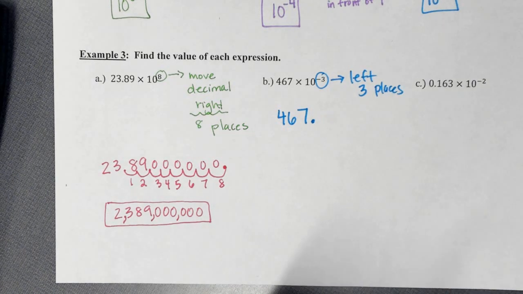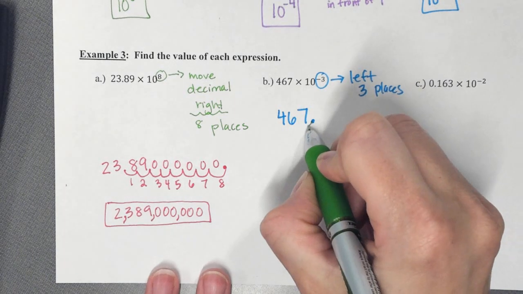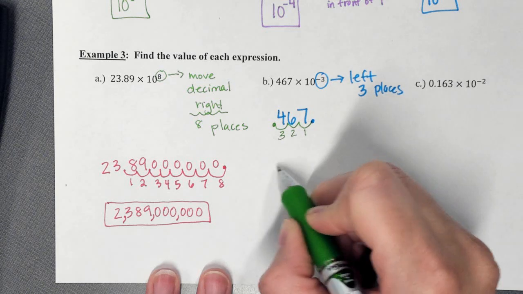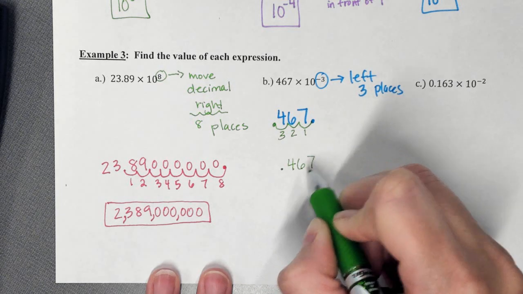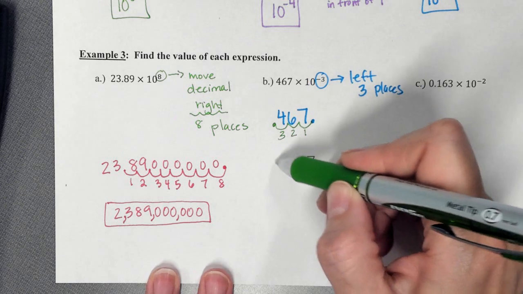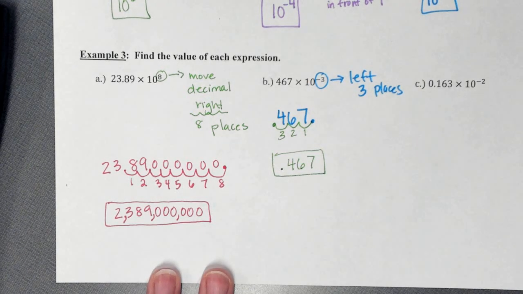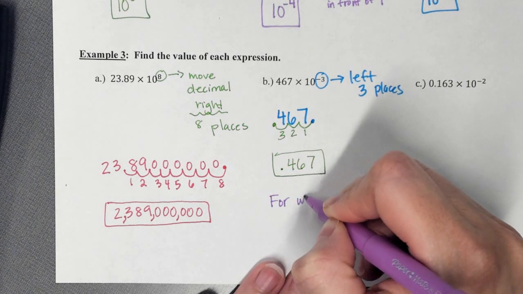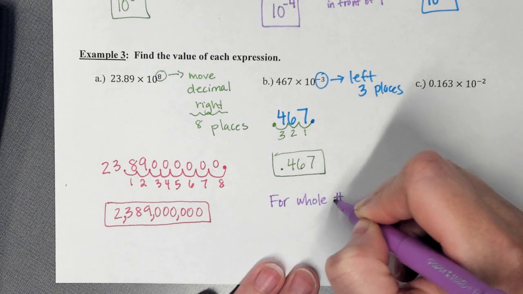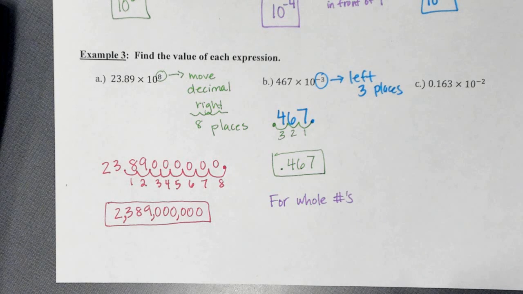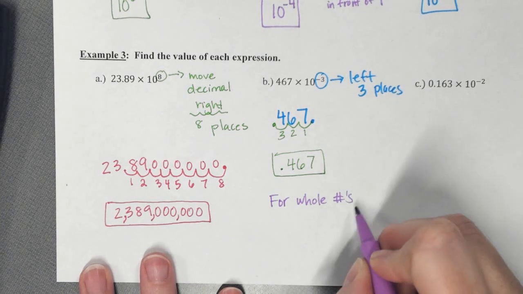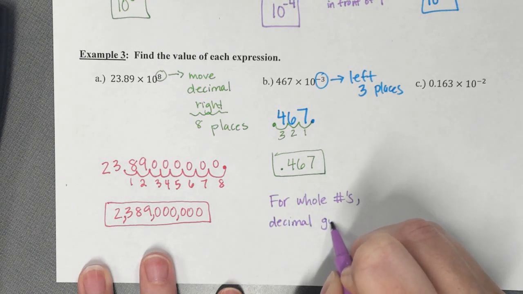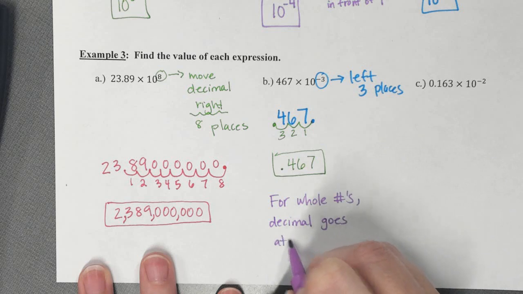So if you move it 3 places to the left, 1, 2, 3, your final answer is 0.467. Anytime you have a whole number, whole numbers are numbers without decimals, the decimal goes at the end.